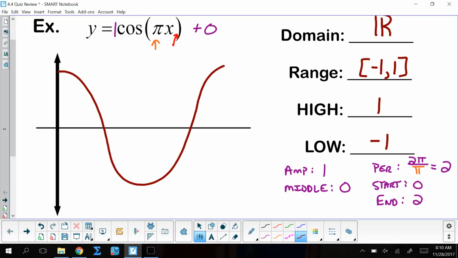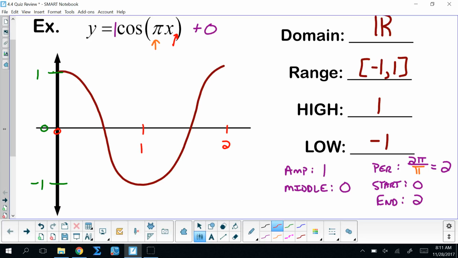Again, they both work. Okay? So then that puts this down here to be negative 1. That puts this up here to be positive 1. This would then be my middle of 0. Horizontally, this would be 0. All the way over here would be 2, which means halfway would be 1.